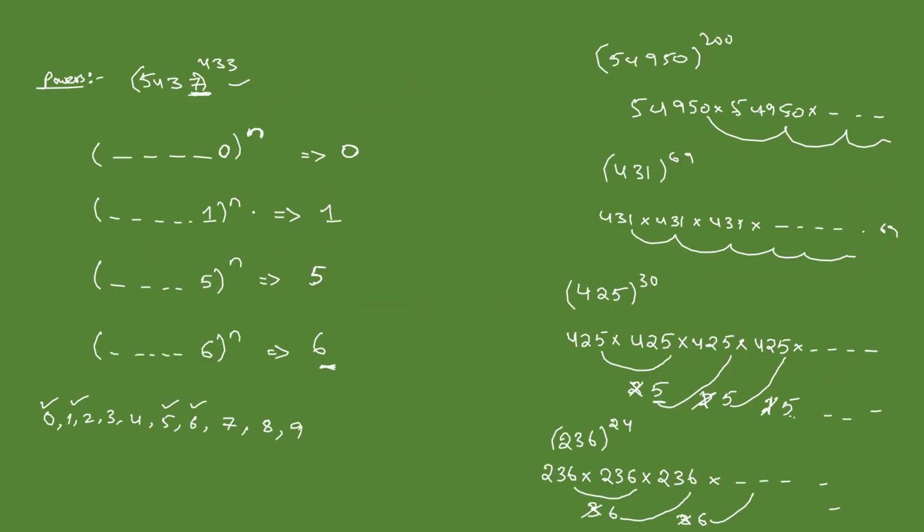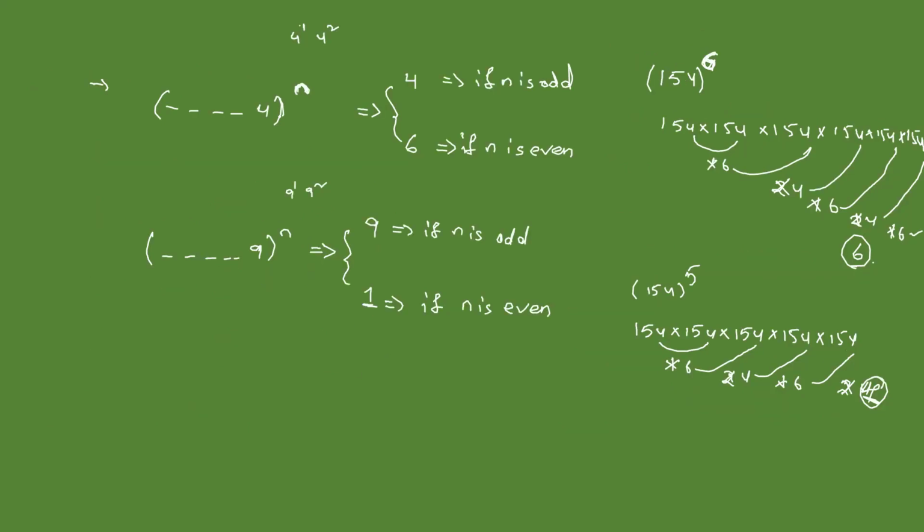So from this, we now have 6 digits completed, right? For 0, 0, for 1, 1, 5, 5, 6, 6. For 4 and 9, we will have two chances each. Now, what are the digits which are left now? 2, 3, 7, and 8.